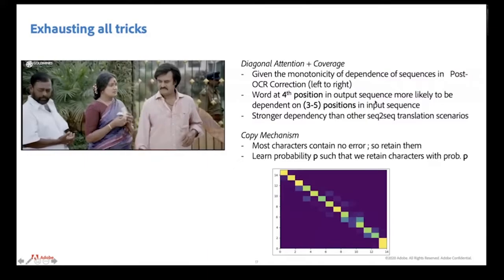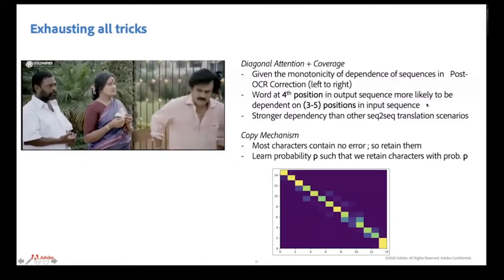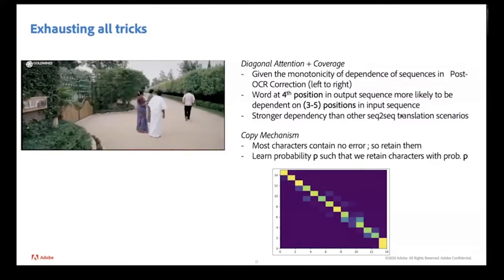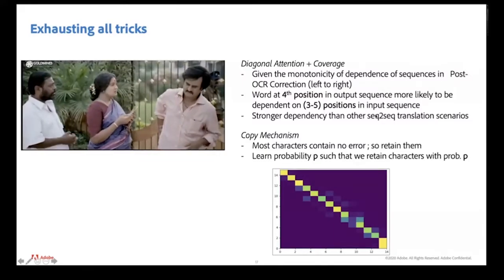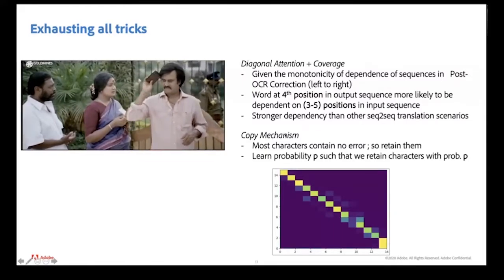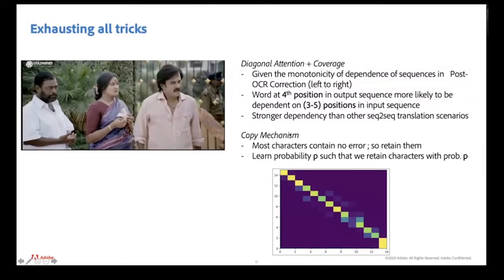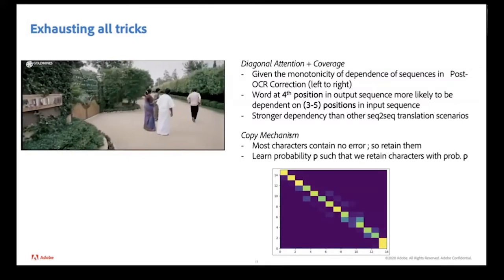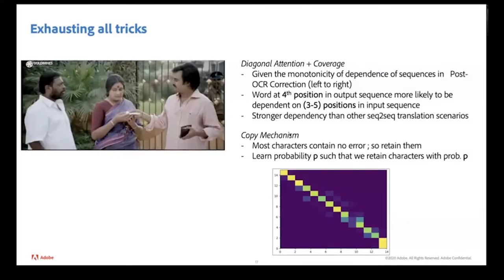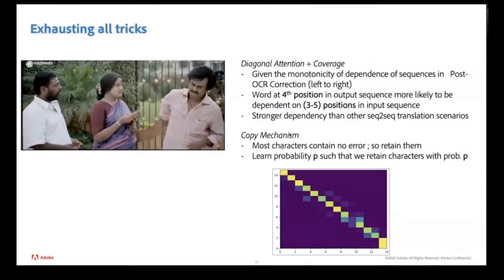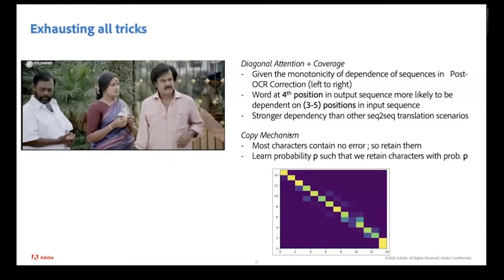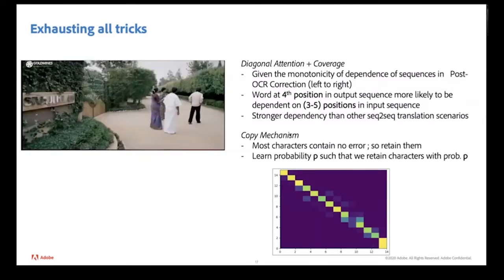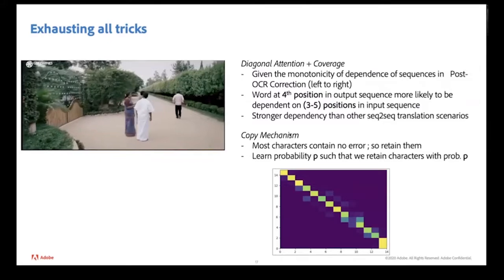So basically, the word at the fourth position in the output sequence is more likely to be dependent on the third to fifth positions. This is especially true for post-OCR, unlike, let's say, translation. And a copy mechanism, as we have seen that mostly there are only none tokens, so most of the words are error-free. So we just learn this probability distribution which predicts to just copy the word from the input sequence.